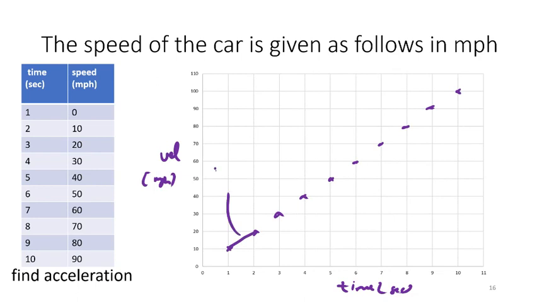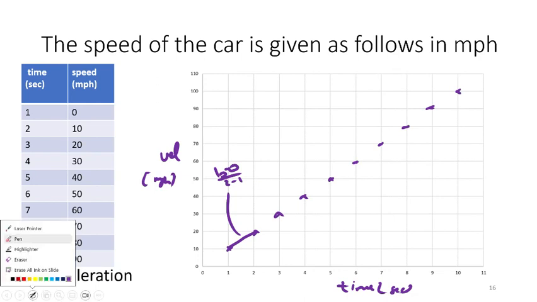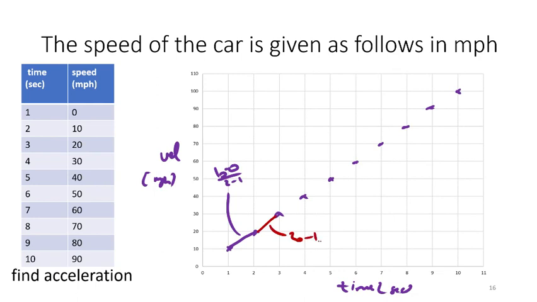The acceleration here is 10 minus 0 divided by 2 minus 1. And then here the acceleration will be 20 minus 10 divided by 2 minus 1. Similarly, we can calculate the acceleration for each piece of the function. But these are the simple examples that we had.